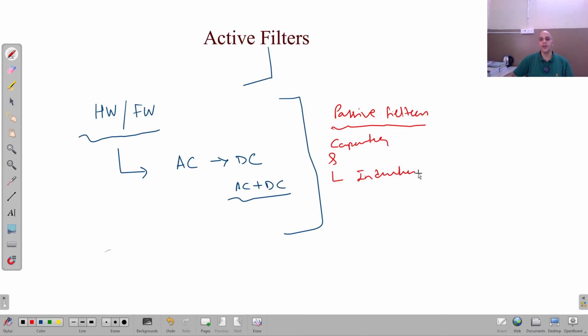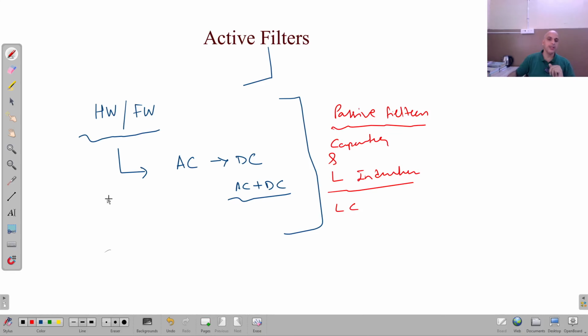You can recall all those filters. They were the simple shunt capacitor filter, choke input filter, then LC filter, right? And then a pi filter. These were the four different filters which have been used by simply making use of a capacitor and an inductor, right? But no active component is used in them, so that's why we call them passive filters.